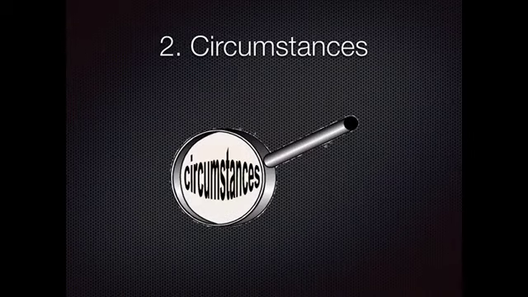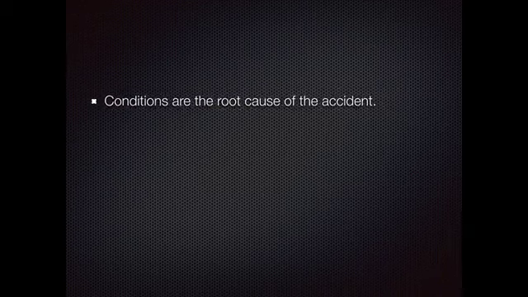Now, the second way in which we can have an accident is through the circumstances. Let's say we have a case in which there is no operator error. The person had the intellectual ability, they were well trained, and they were well motivated to not have an accident. So the circumstances can contribute. Circumstances are a situation in which the conditions are the root cause of the accident.